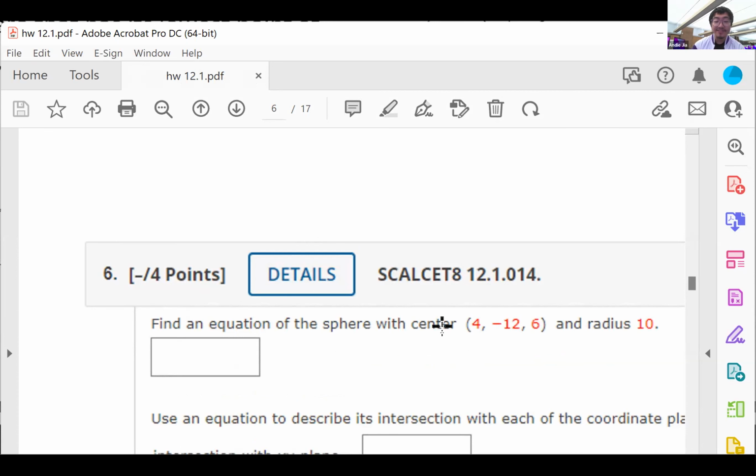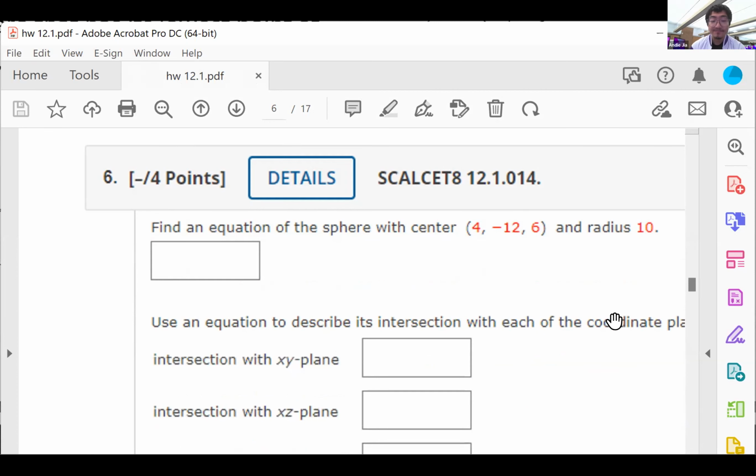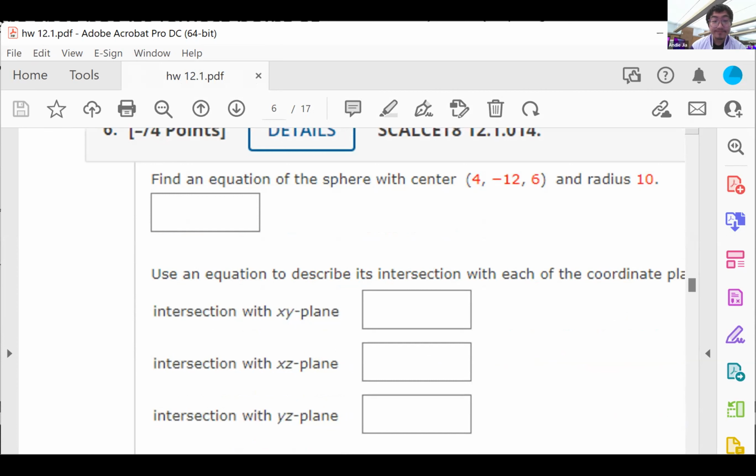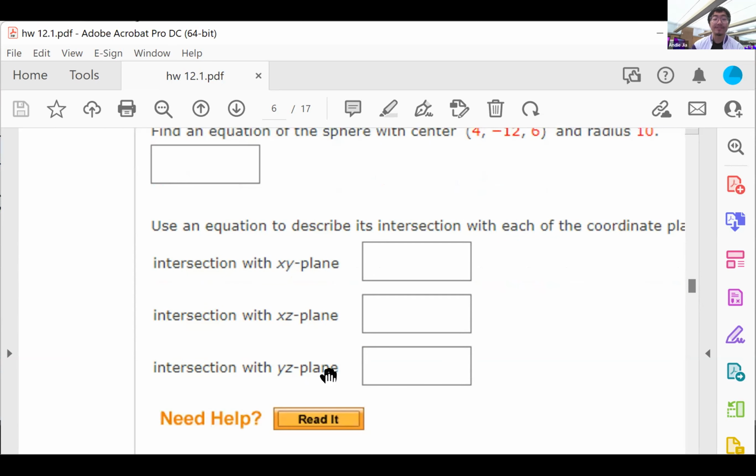That gives us the center of this sphere and the radius. For the intersection with the xy plane, z is 0; for the yz plane, x equals 0.